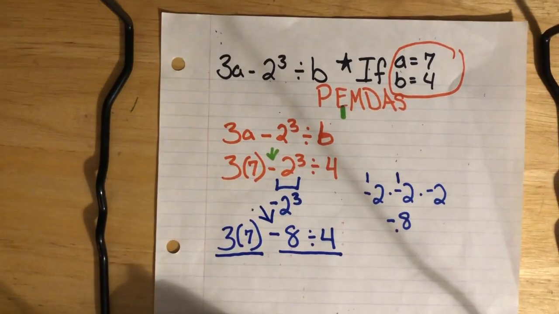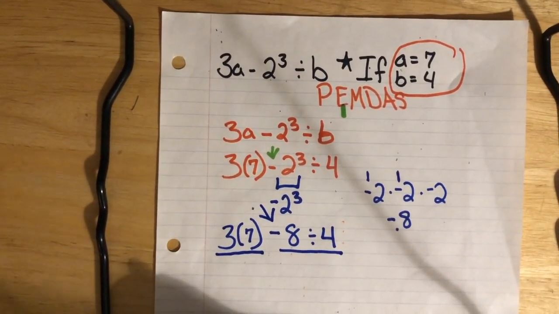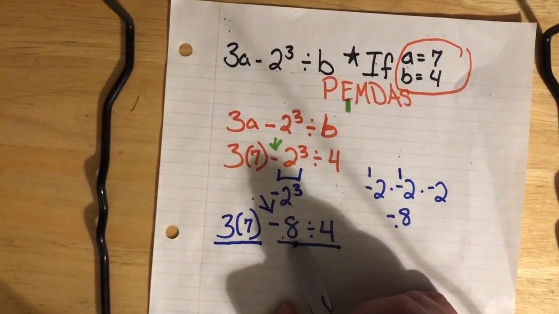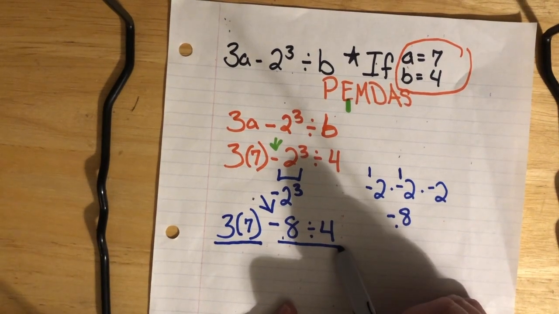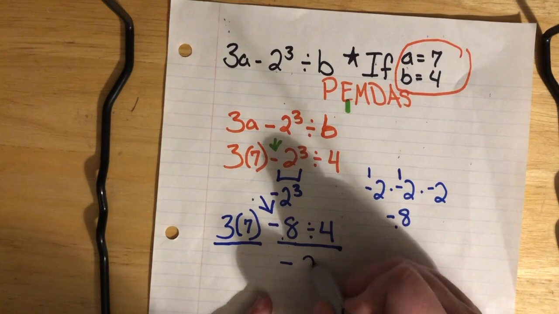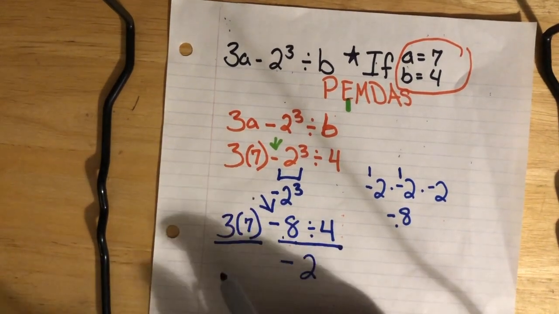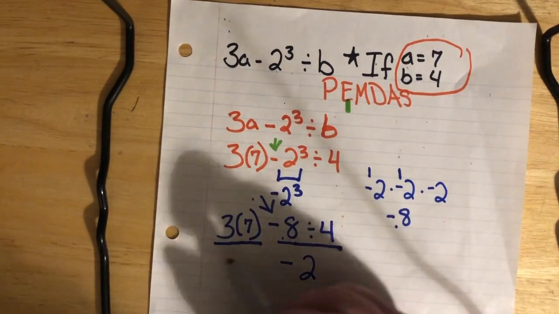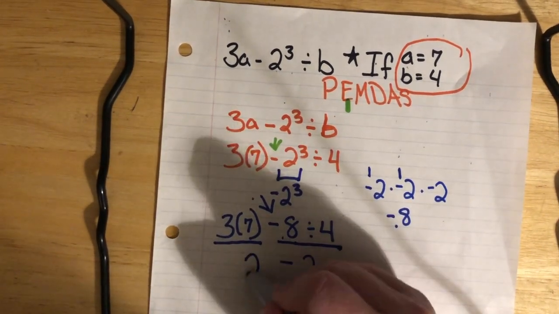This part has to wait. So, what I now do is negative 8 divided by 4 gives us negative 2. 3 times 7 gives us 21.